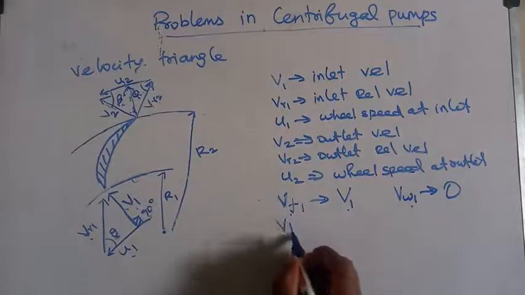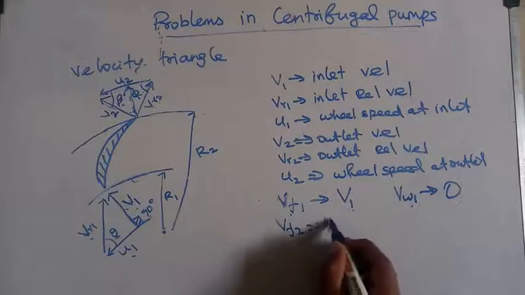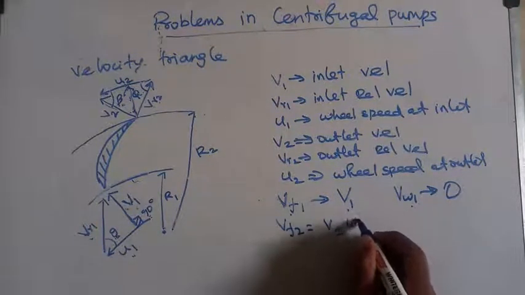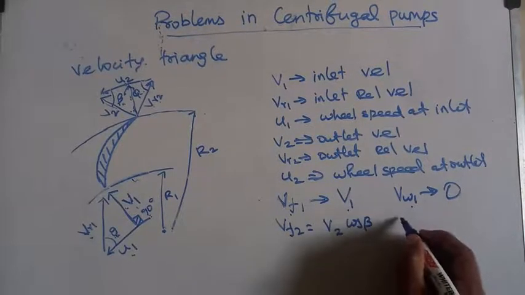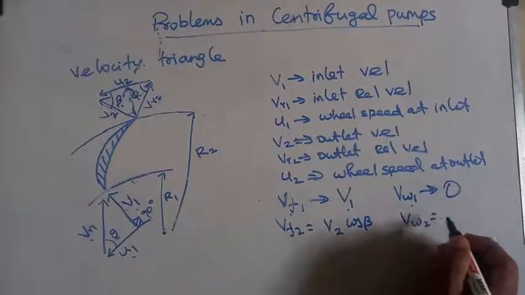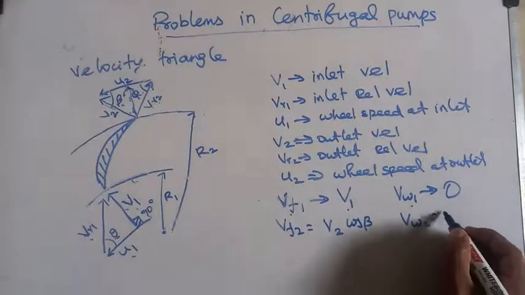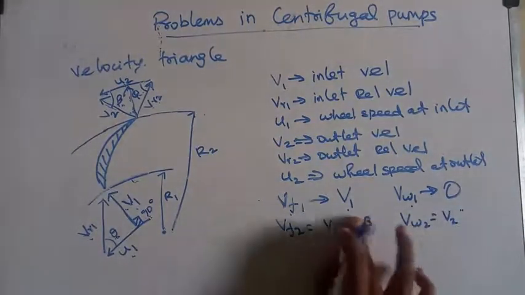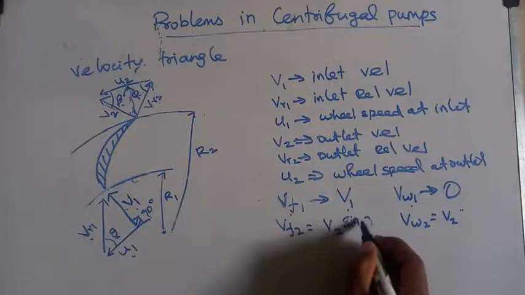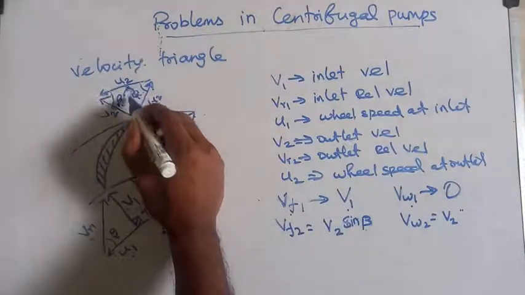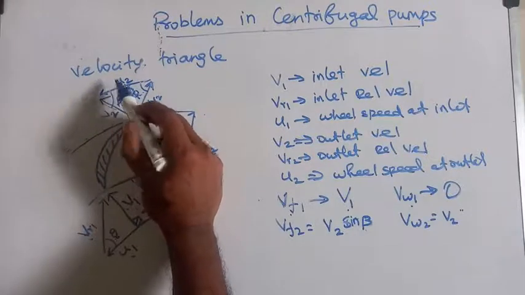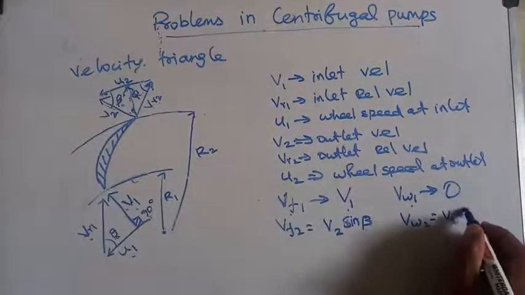So VF2 is equal to V2 into sin beta, and VW2 is equal to V2 into cos beta.